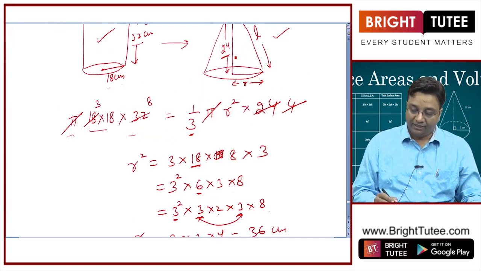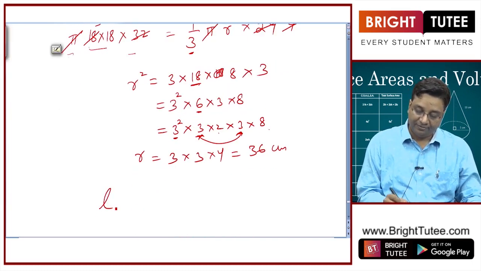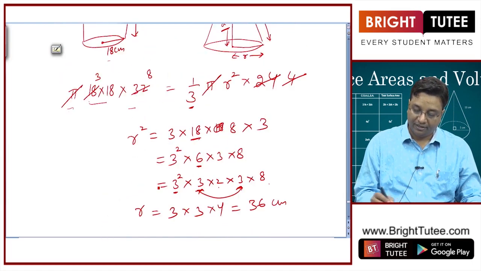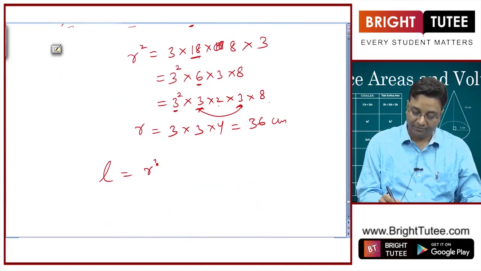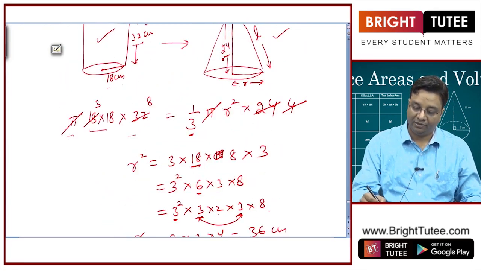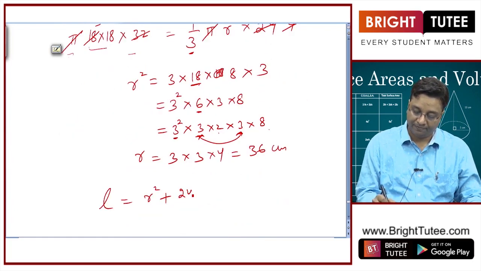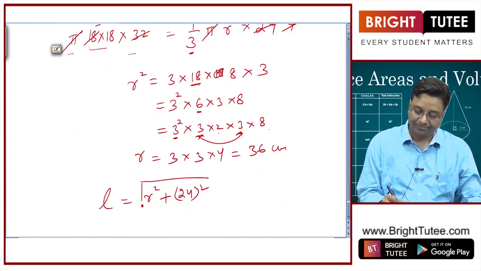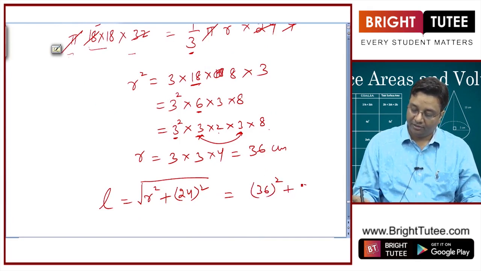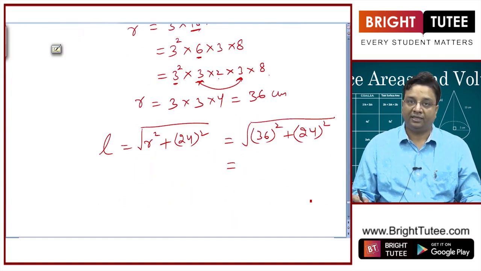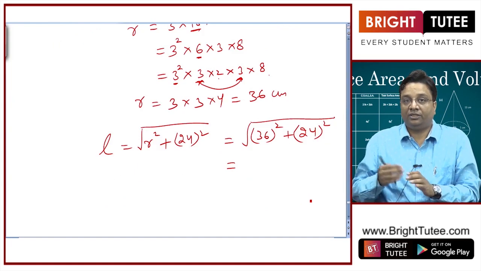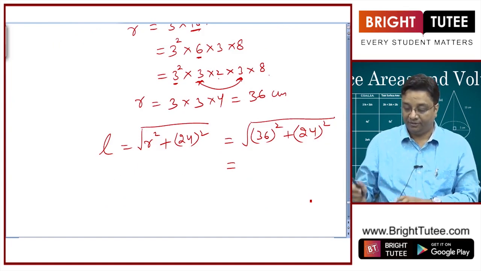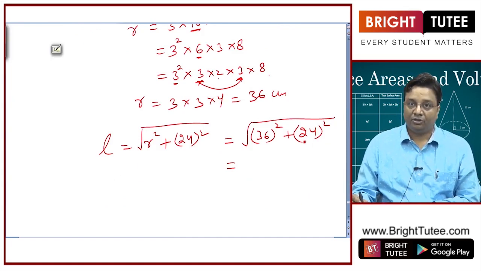Now I need to find the slant height. So L is equal to square root of radius square plus this height square, which is 24 square. So radius square is 36 square plus 24 square, and then there is a square root. So to calculate this, I will try to take what is common in 24 and 36, right. 12 is common in both.